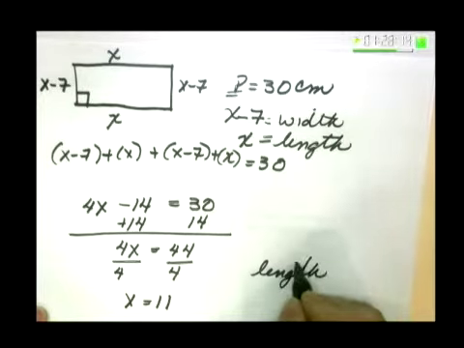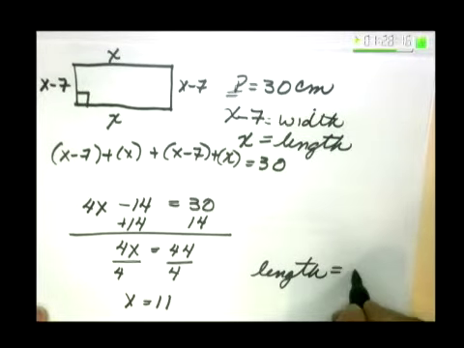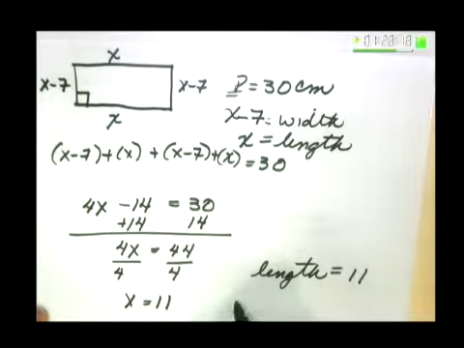So I'm going to write that the length is equal to 11, and the width in this problem we know is x minus 7, and x is 11, so 11 minus 7 is 4. So the width is equal to 4.